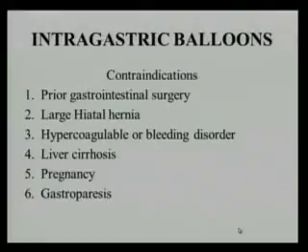The FDA put any prior gastric surgery as a contraindication in the US. If you have a large hiatal hernia, that makes sense, as the balloon will sit there for quite a bit of time. Other contraindications are a bleeding disorder or hypercoagulable state, liver cirrhosis, pregnancy, or gastroparesis.